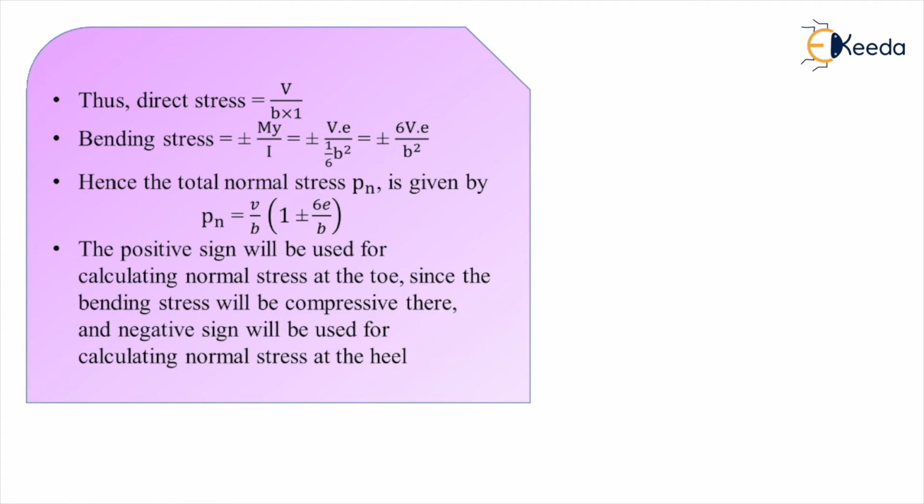The positive sign will be used for calculating the normal stress at the toe, because the bending stress will be compressive at the toe section, and the negative sign will be used for calculating the normal stress at the heel, because the bending stress is tensile at the heel section.